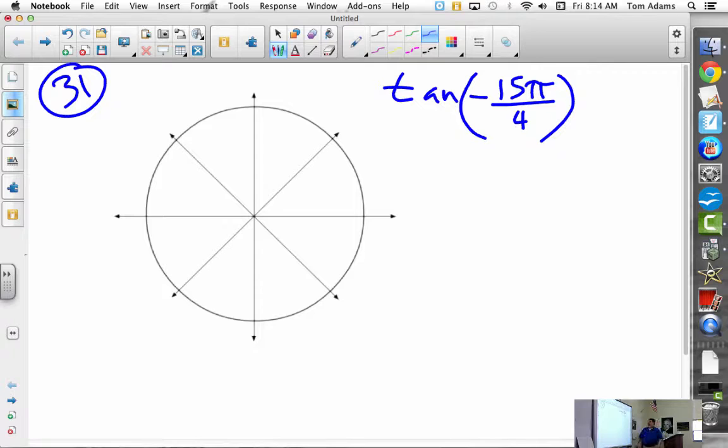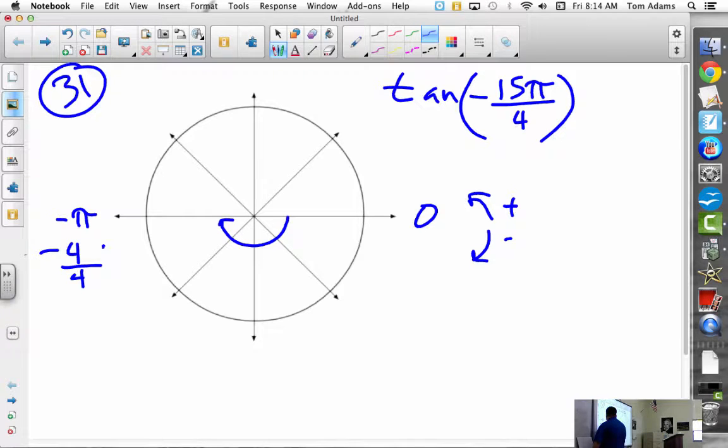So since it's pi over 4 in the negative direction, remember if we go this way, it's the positive direction. This way is the negative direction. So from here to here is negative pi. Then to come back around, since we have the denominator of 4, it's like negative 4 pi over 4.